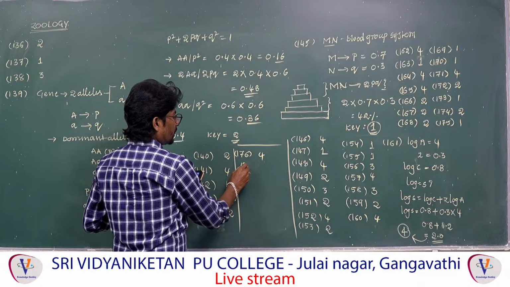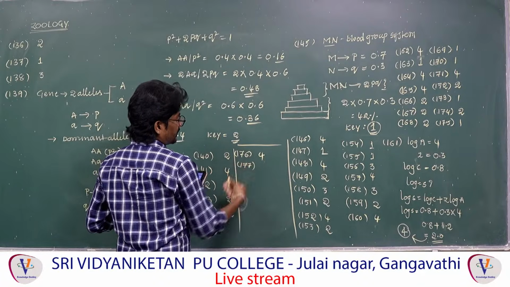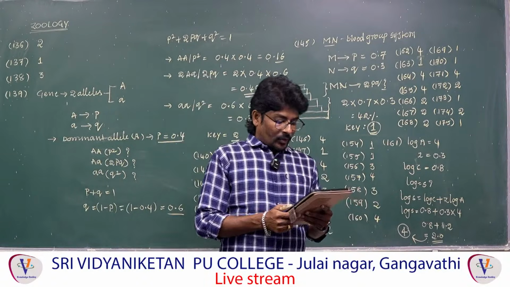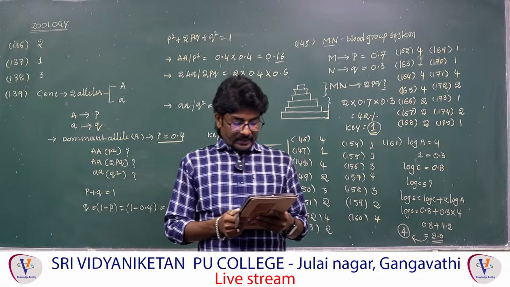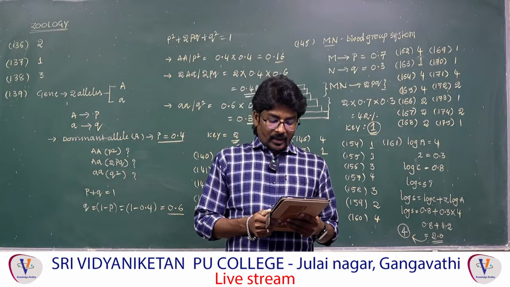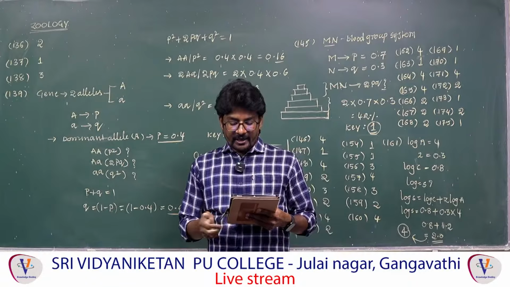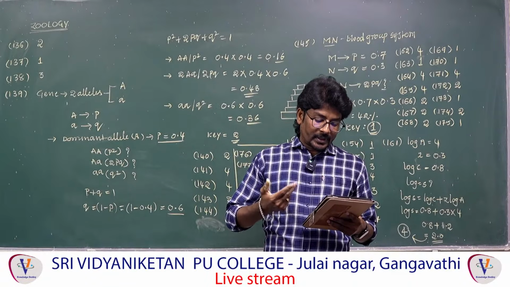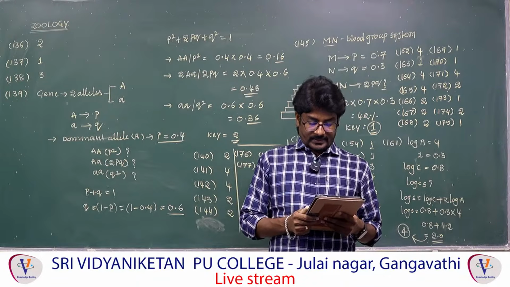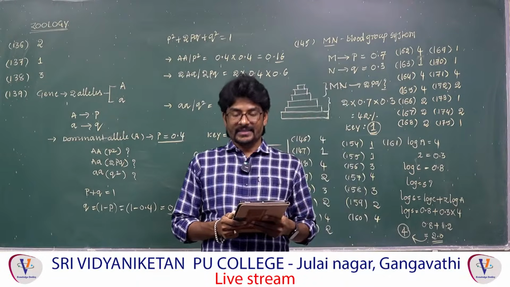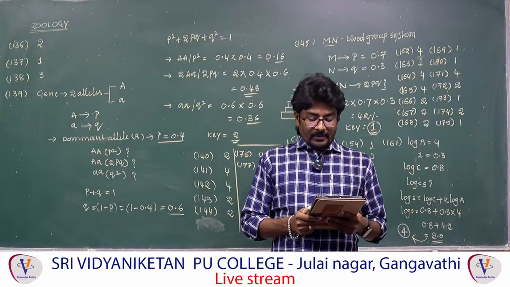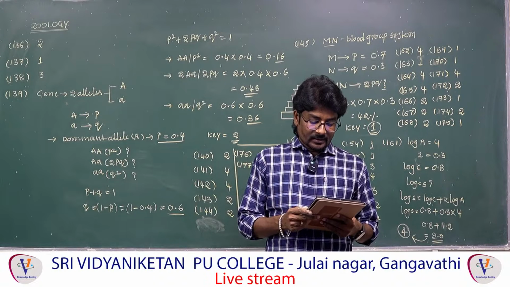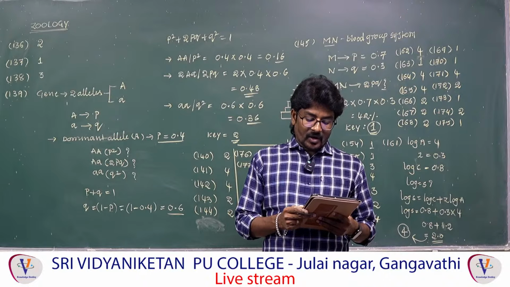Next, question number 177. Read the following statements. Systemic aorta originates from the left ventricle and distributes deoxygenated blood to the lungs. No, it will distribute oxygenated blood. Pulmonary arch originates from the right ventricle, correct, and carries oxygenated blood.